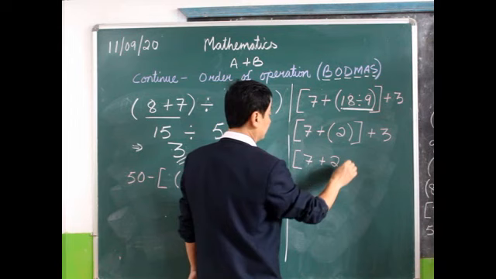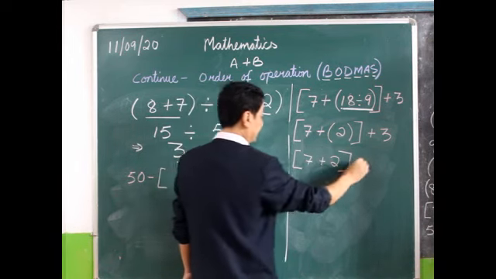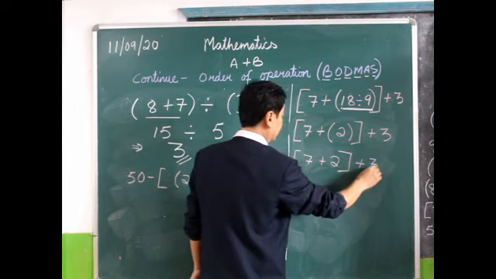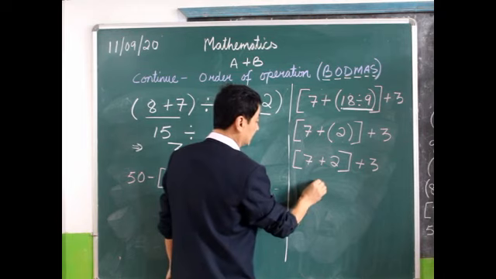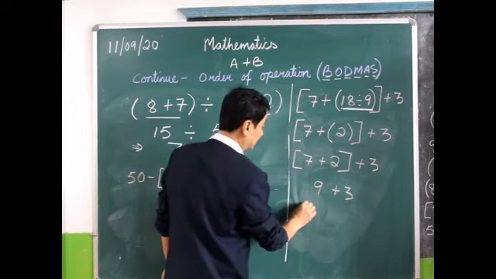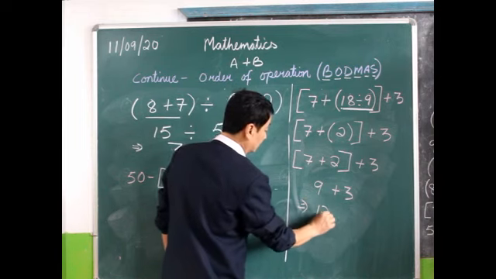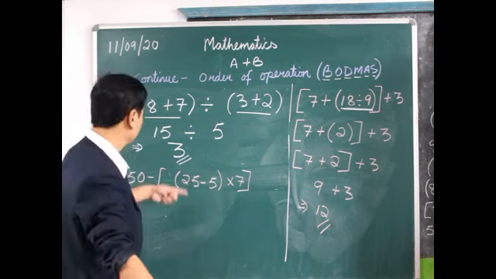And this number 2 comes out. Close the bracket, the outside bracket, the box bracket, plus 3. Now we add and open the bracket. 7 plus 2, 9, plus 3. 9 plus 3, 12 is your answer.